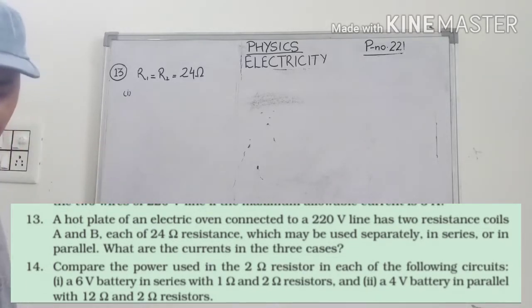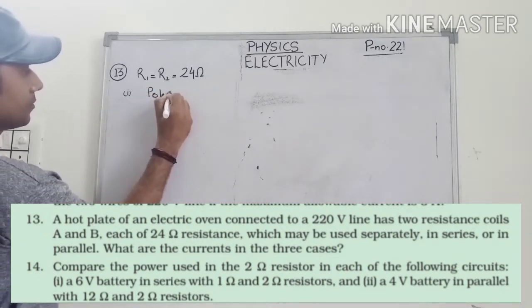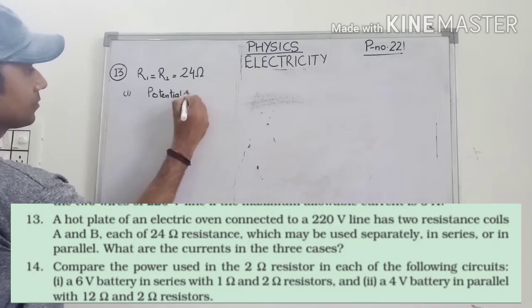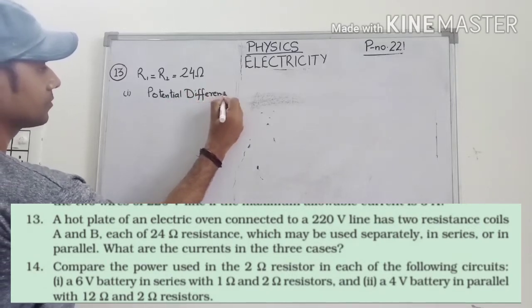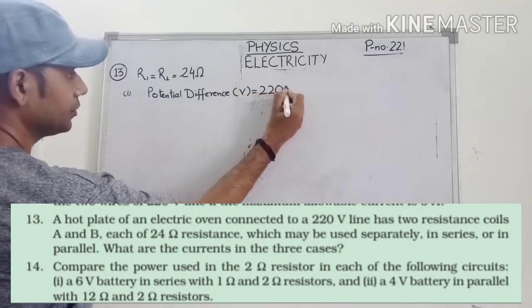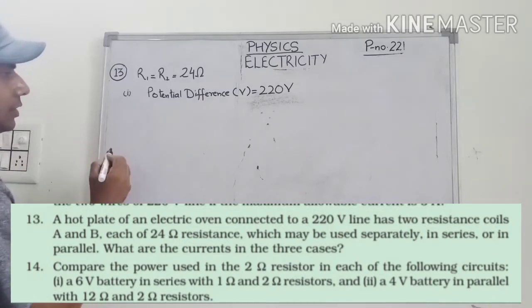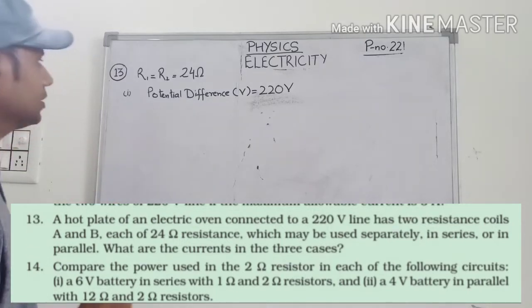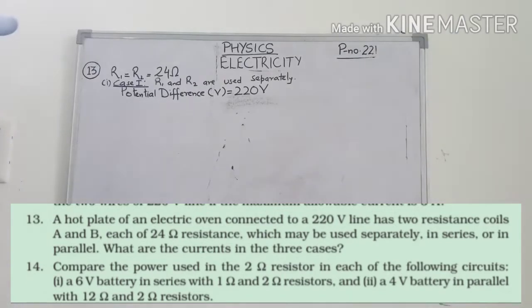So what is the potential difference given here? 220 volts. Clear? The first condition is when the two resistance coils are separate. So case number 1 is when R1 and R2 are used separately.